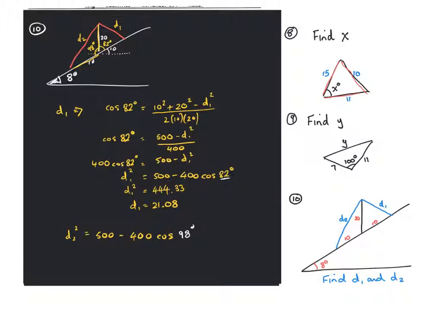Instead of that 82, we just put the 98, and we will get D2 squared equals 555.67, and therefore D2 should be in the same region as 21.08. They're not going to be too far apart, and we got 23.57, so they're very close in length, just a subtle difference.